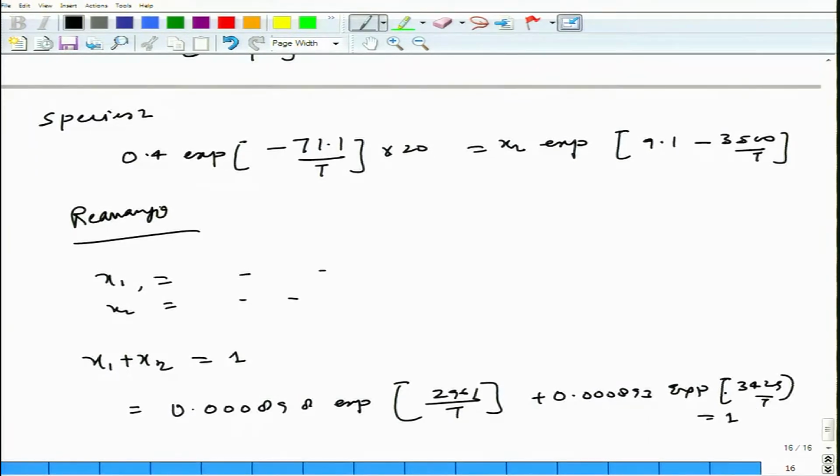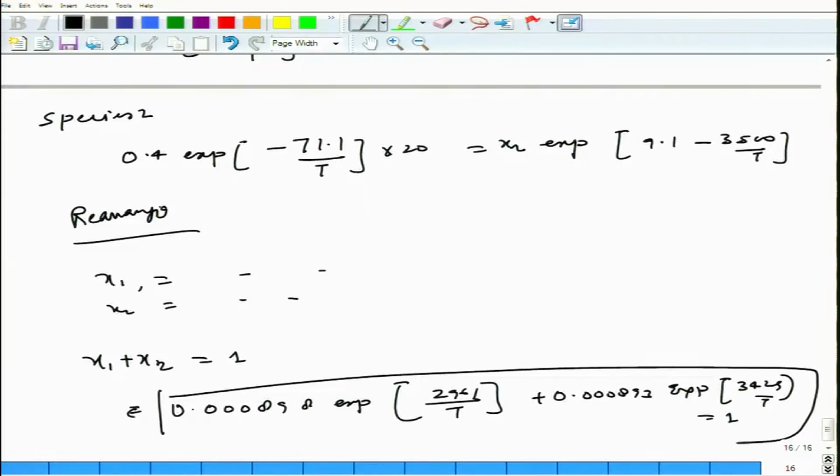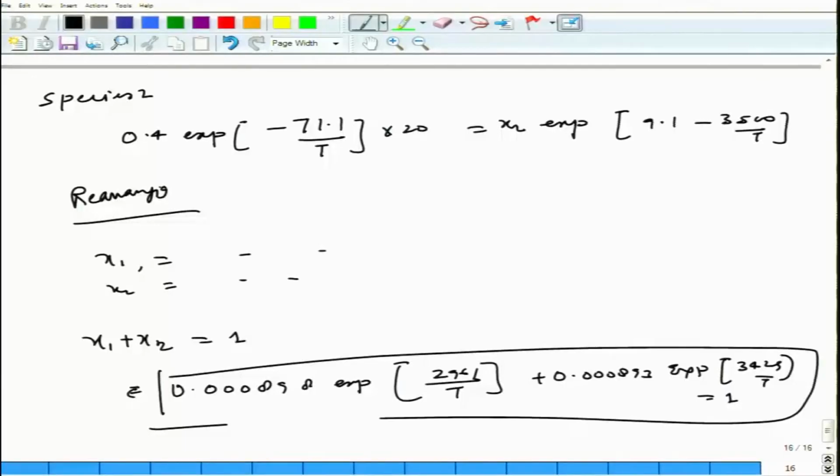Now, it is very straightforward. You can plug this expression into Excel and find the temperature. Once you find the temperature, you plug back and get your expressions for x and T. So, you can use any Excel sheet or write a program and obtain the temperature from here. Once you obtain it, you get your x_i's. This is a very simple way of doing this exercise.